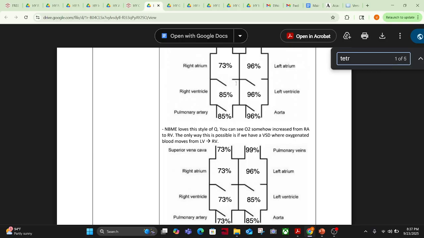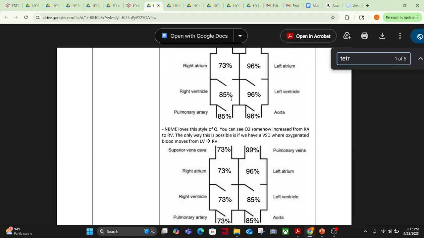Because of so much pressure and blood in the right ventricle, the blood is pushed into the left ventricle. And the reason there's an increase in oxygen pressure here is because there is some blood going from the left ventricle to the right ventricle. There is some mixing, but the predominant flow is from the right side of the heart to the left side of the heart.